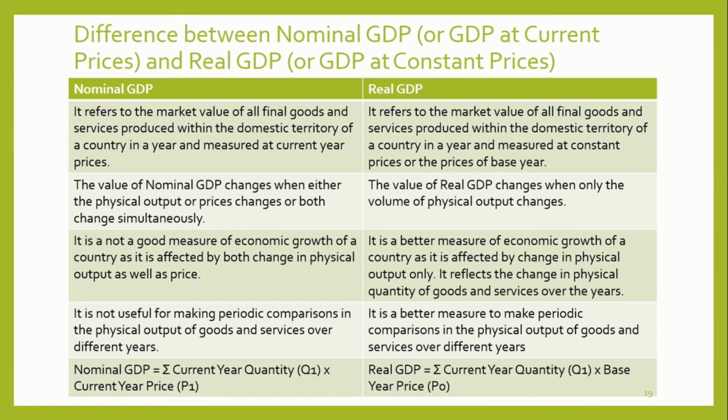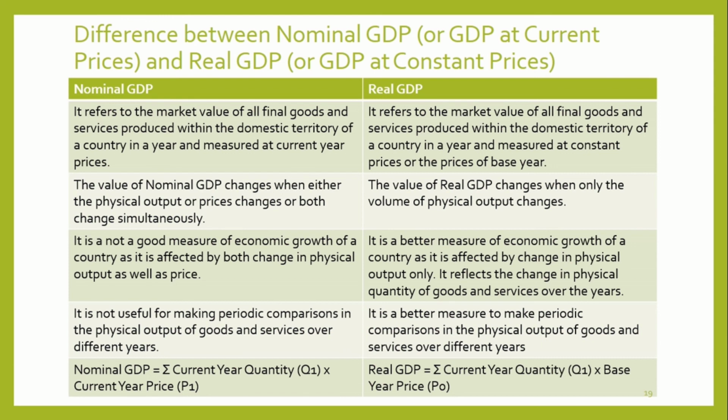Nominal GDP is not a good measure of economic growth of a country as it is affected by both change in physical output as well as price, whereas real GDP is a better measure of economic growth of a country as it is affected by change in physical output only. It reflects the change in physical quantity of goods and services over the years.